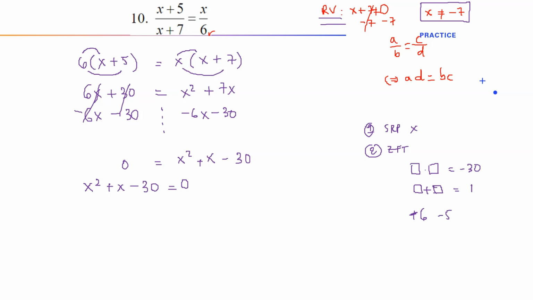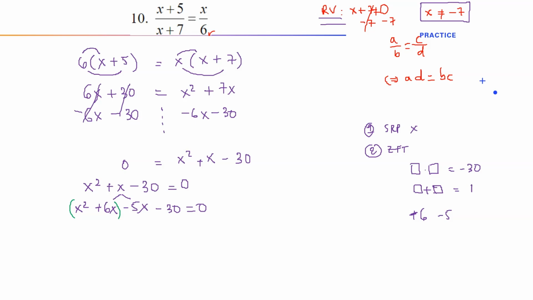So we will redraw it and break down the B term, the coefficient of the x term. This one will be plus 6x minus 5x, that comes from here, minus 30 equals 0. Now we group the first 2 and the last 2.